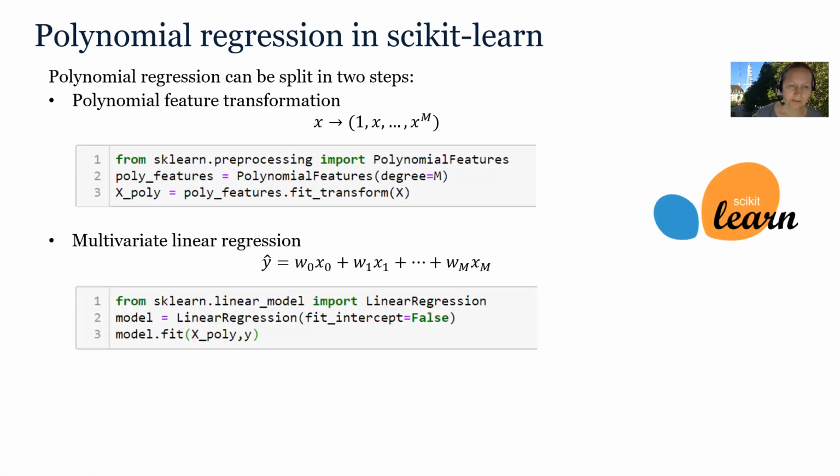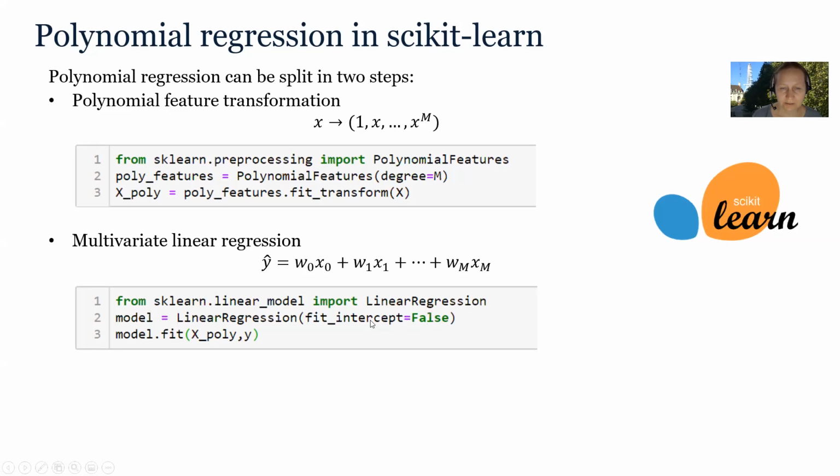Then the next step is to perform a multivariate linear regression. So we already know how to fit a linear regression model. So there are two differences to what we've done before. First of all, when we create the object, we choose not to fit the intercept. So we set fit_intercept equals False.